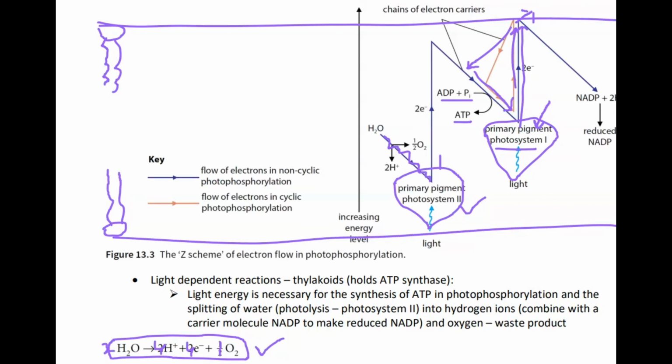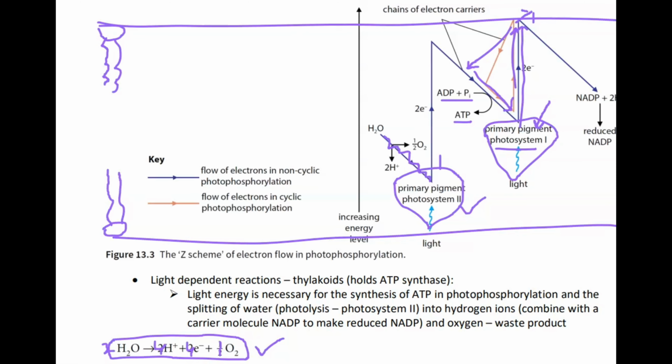Again, I repeat, the non-cyclic photophosphorylation consists of photosystem 2 and photosystem 1 both. The electrons and protons which are being produced here during photolysis can immediately diffuse out of the phospholipid bilayer. But if they reach the high energy level, I mean the electrons, they move through the ETC, which causes the production of ATP by photophosphorylation.